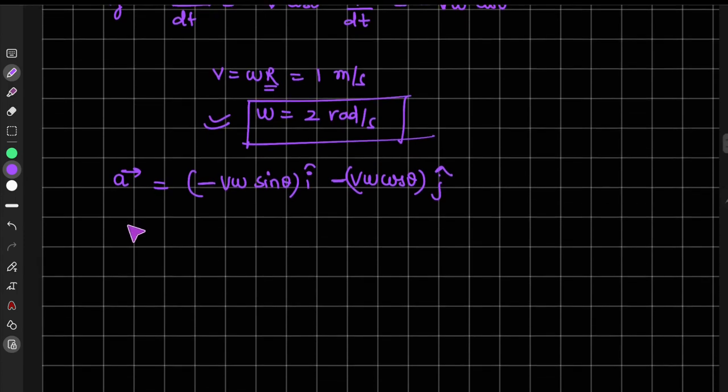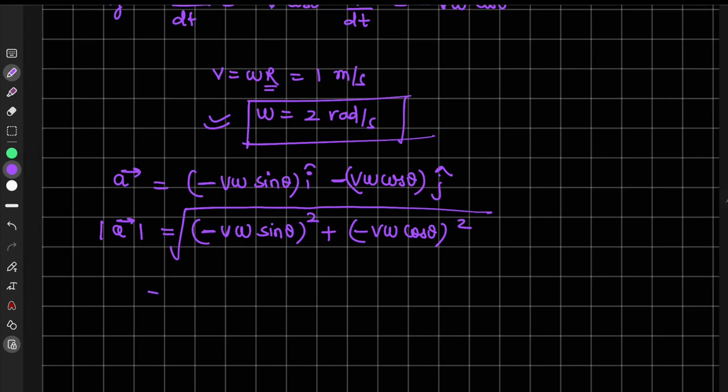Okay, and if we want to find the modulus of the acceleration, we can write it as the square root of (minus v omega sin theta) whole square plus (minus v omega cos theta) whole square, because both are mutually perpendicular to each other. So from here we will get v omega times the square root of sin square theta plus cos square theta.